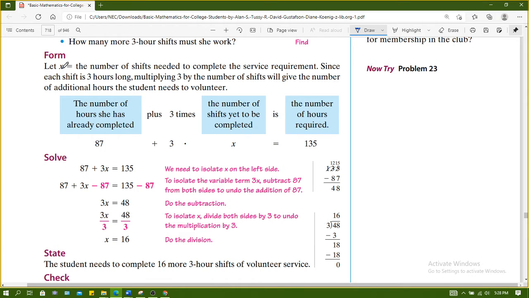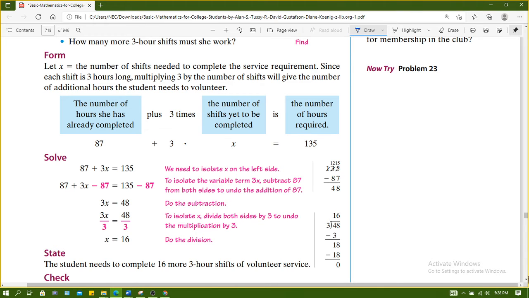In this, you use x, and since each shift is 3 hours long, multiplying 3 by the number of shifts will give the number of additional hours the student needs to volunteer. So we can form now 87 plus 3 times the number of shifts is 135. So 87 plus 3x equals 135.